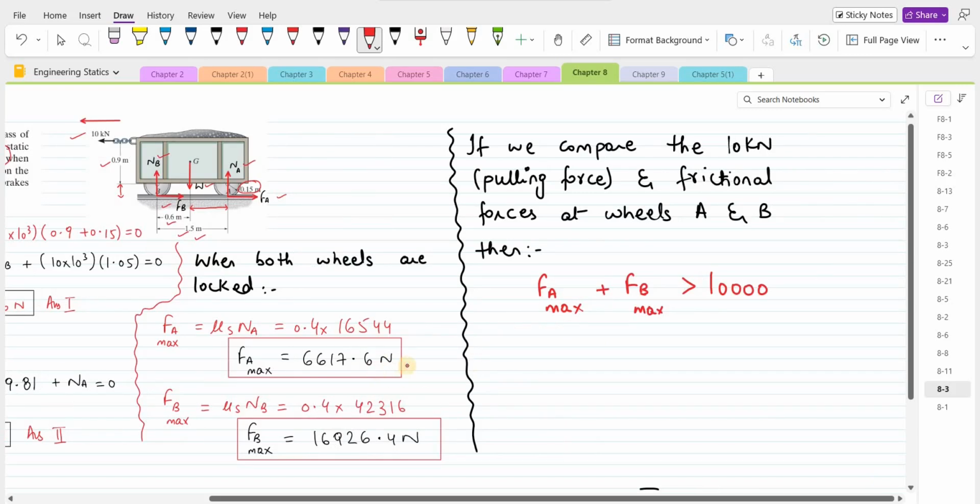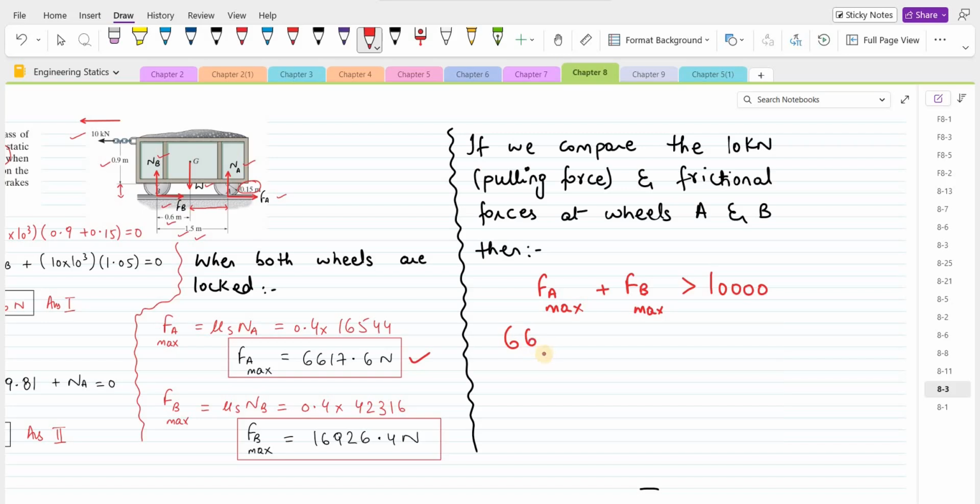Because FA max is 6,617.6 newtons and FB max is 16,926.4 newtons, if you add them together, they become 23,544 newtons, which is greater than 10,000 newtons.